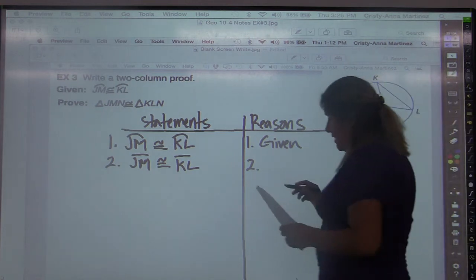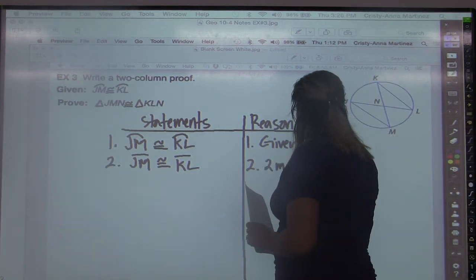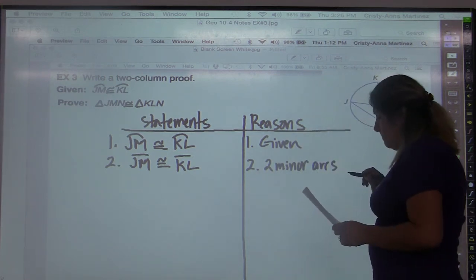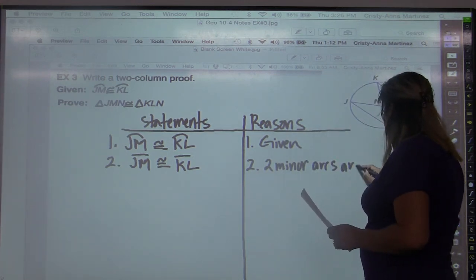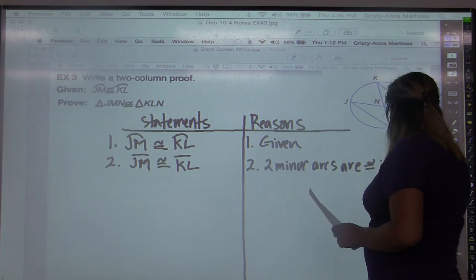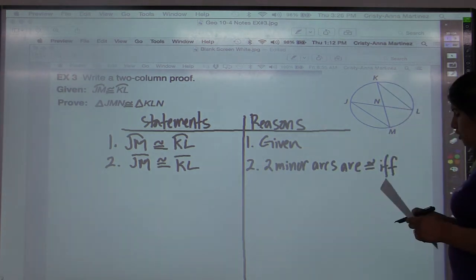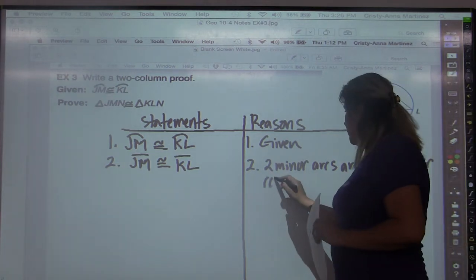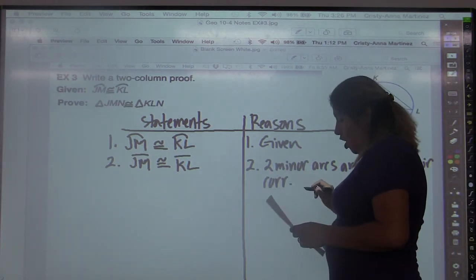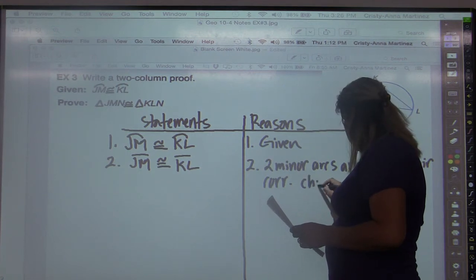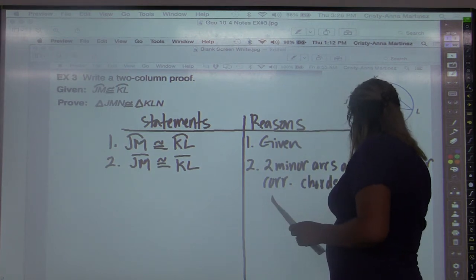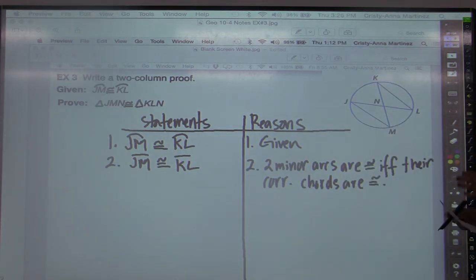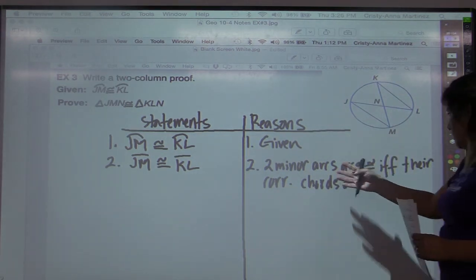But it basically says that 2 minor arcs, which these are minor arcs, they're less than 180, are congruent if and only if their corresponding chords are congruent. That's actually the theorem, and because it doesn't have a special name, you can't just write Theorem 10.2, you have to spell it all out.